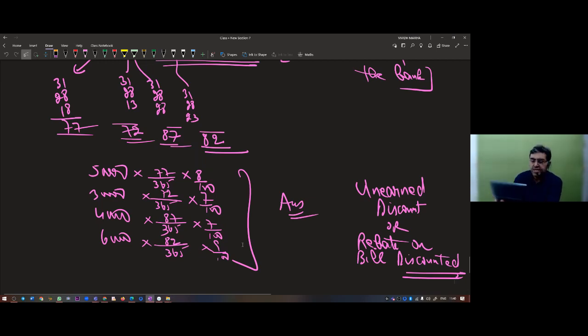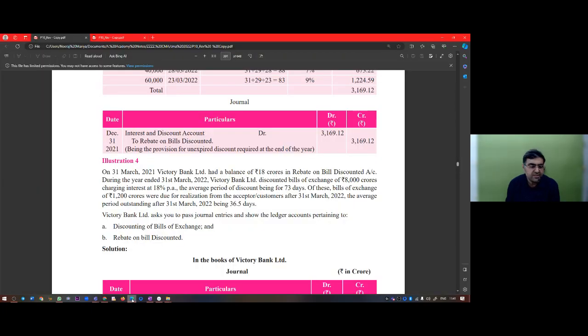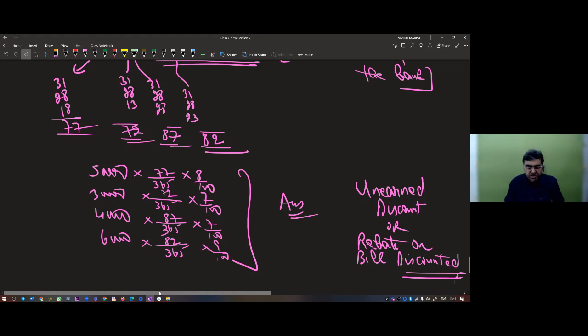Let me do the calculation: 50,000 into 8% into 77 divided by 365, plus 30,000 into 7% into 72 divided by 365, plus the remaining bills. The answer is 3139 rounded off.